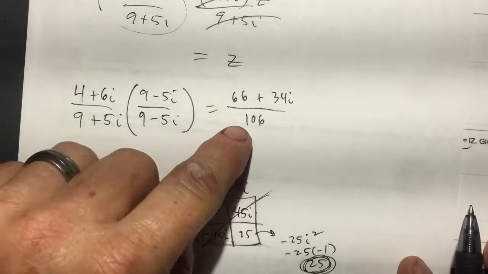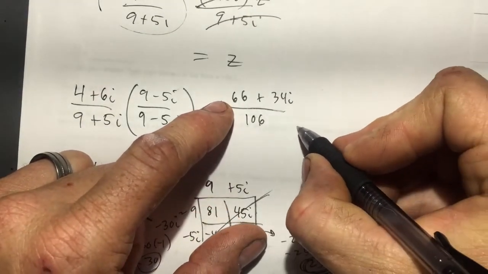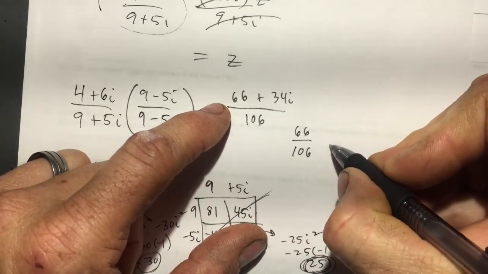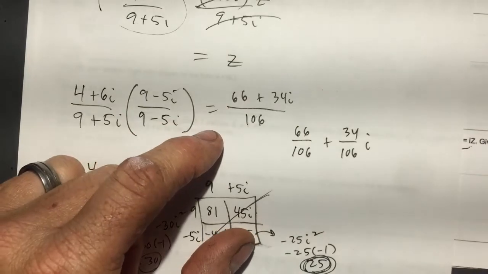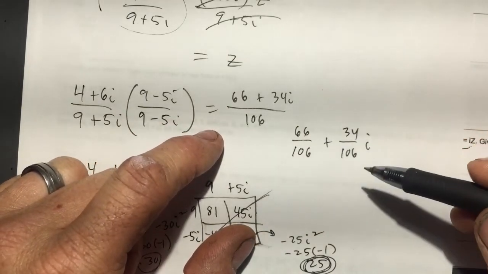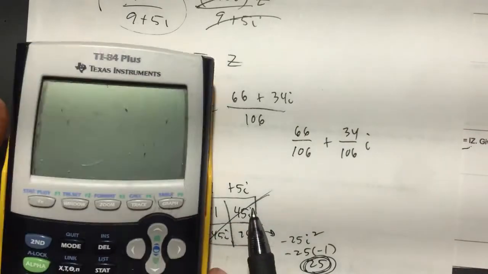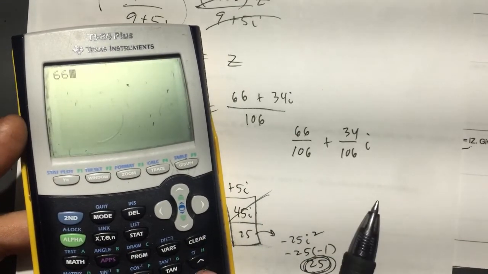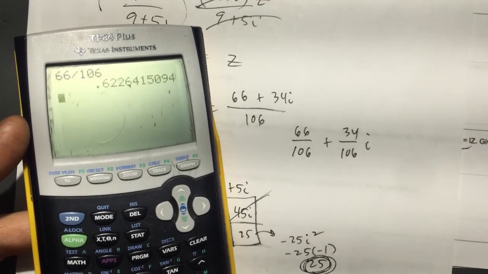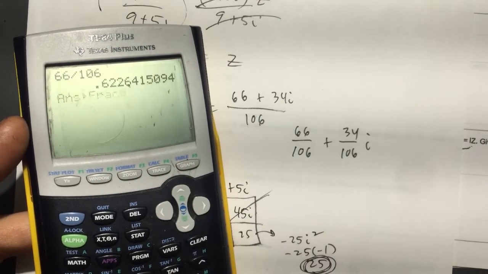When we divide, we got to split these up. So it's going to be 66 over 106 plus 34 over 106i. And then I see if these simplify. On this right here, 66 divided by 106 comes out to be that, and then change it to a fraction.